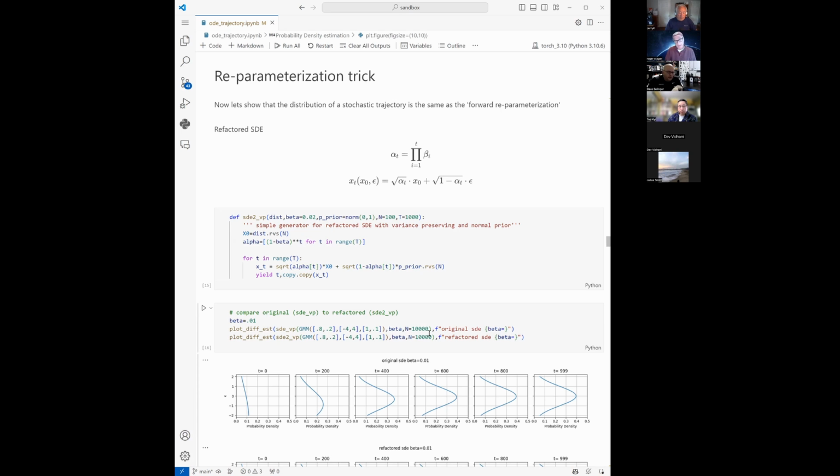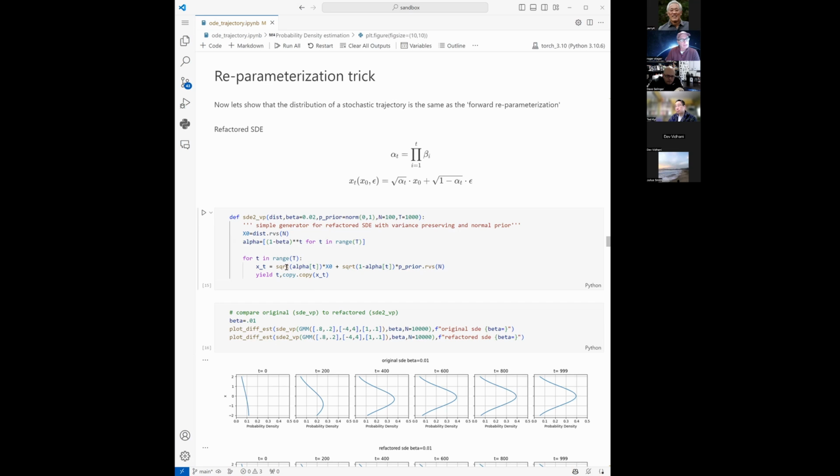Instead of adding it n times, there's a way to formulate the equation to jump directly to time t, and that's expressed by this equation up top with the alpha. And so I just implemented that. This SDE2 VP is an implementation of that.